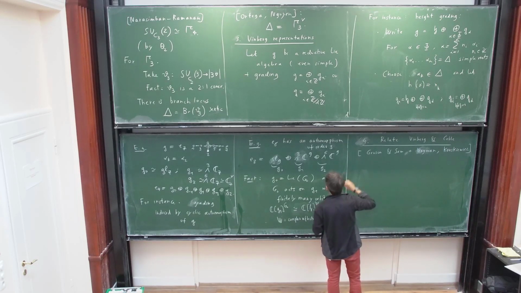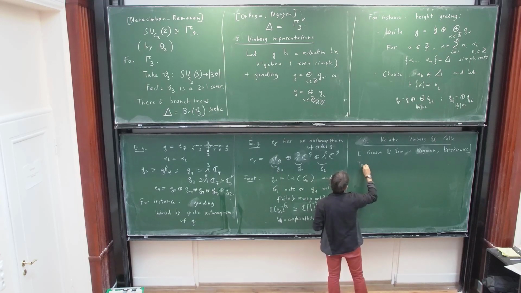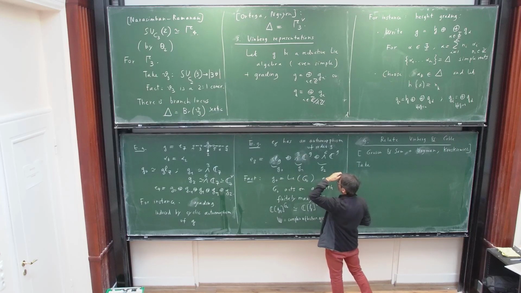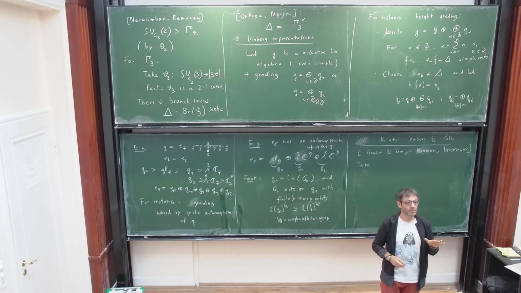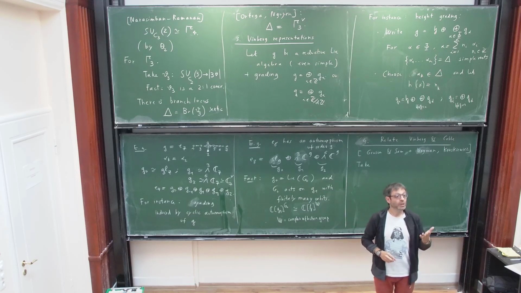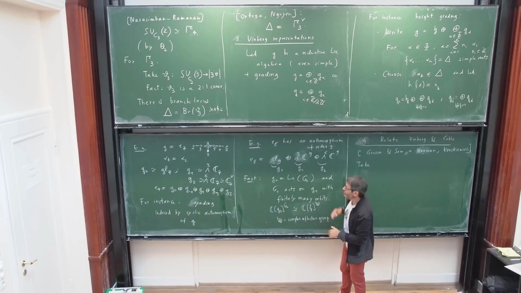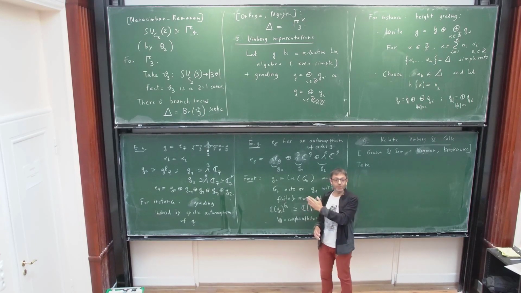So for instance, we take this example here. By the way, Daniele, in this example, the number of orbits is infinite. Yes, I didn't want to go very much into that. Finitely many orbits appear in the Z grading case.